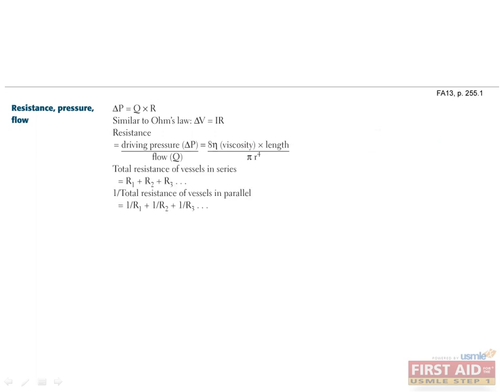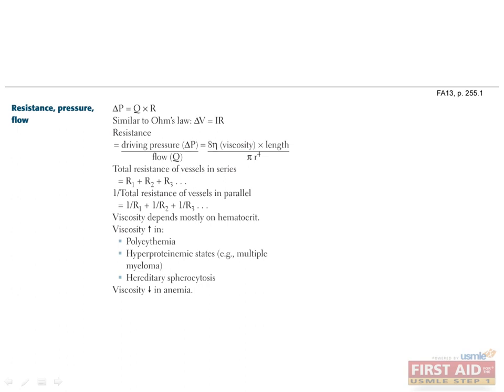Resistances in series can be calculated by adding the resistances together, whereas resistances in parallel can be calculated by this equation. The reciprocal of the total resistance is equal to the sum of the reciprocal individual resistances. The last important concept is viscosity, which is basically the thickness of the blood and can be roughly measured by the hematocrit.